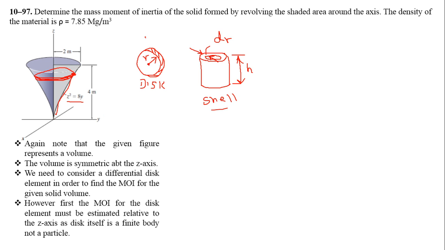So we're going to use the disk element, and most often this disk element is used when you are using integration to calculate moments of inertia. But you have to notice one thing: in the formula r square dm, this r has to be fixed.